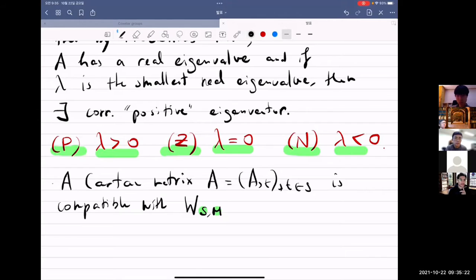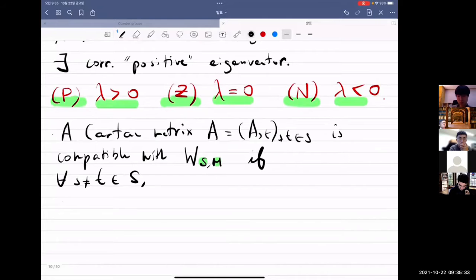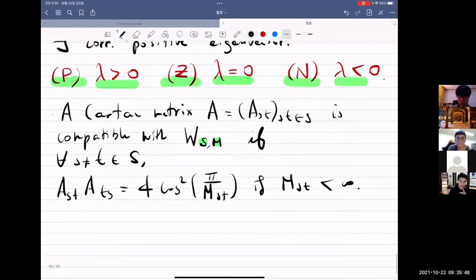For every pair s different from t, A_ST A_TS is equal to 4 times cosine squared of pi over M_ST if M_ST is finite, and this is bigger than or equal to 4 otherwise.